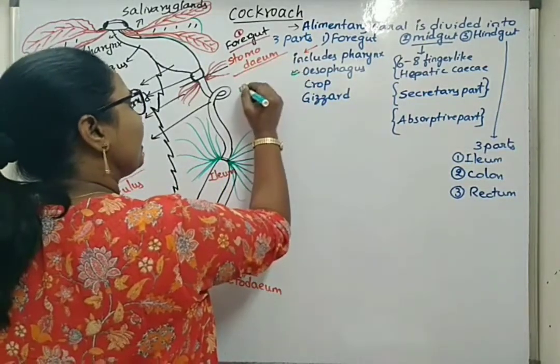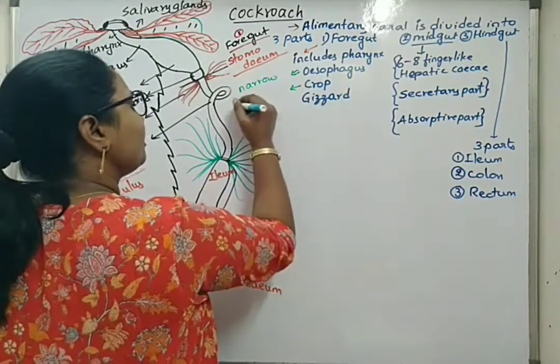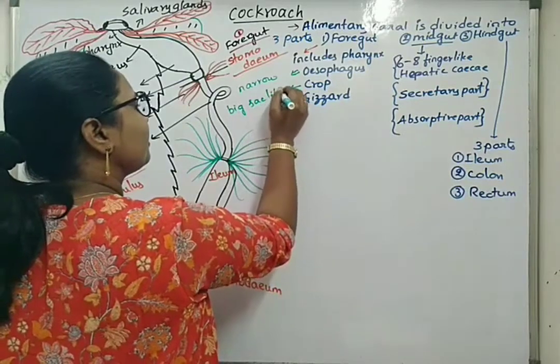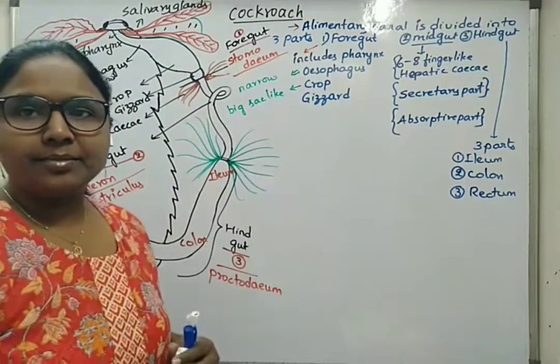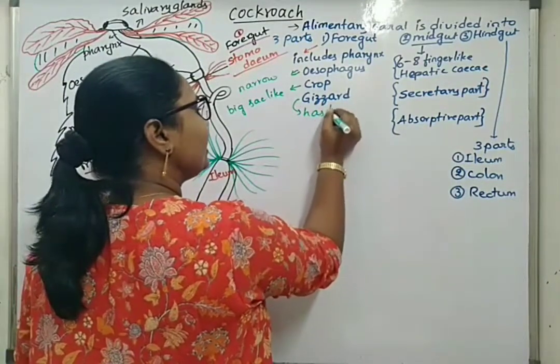Esophagus is narrow. Crop is big, sac-like. Coming to the gizzard. Gizzard is having teeth.